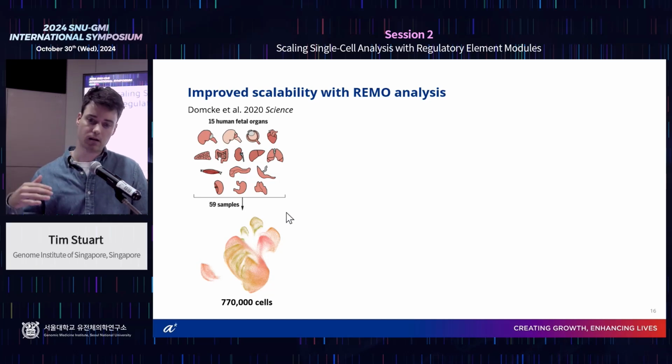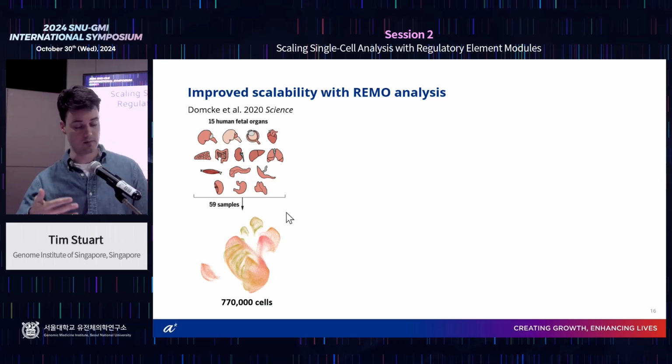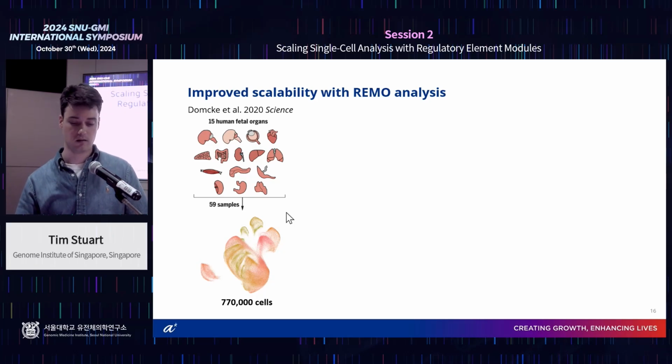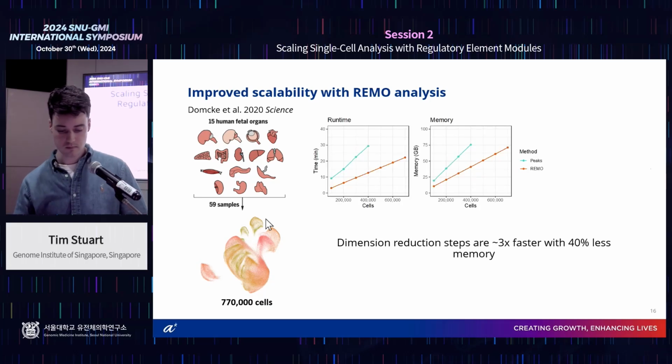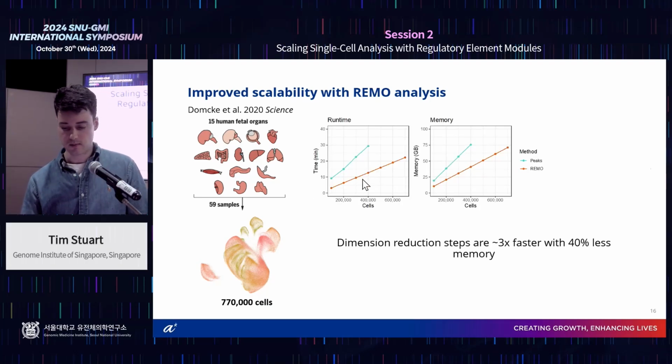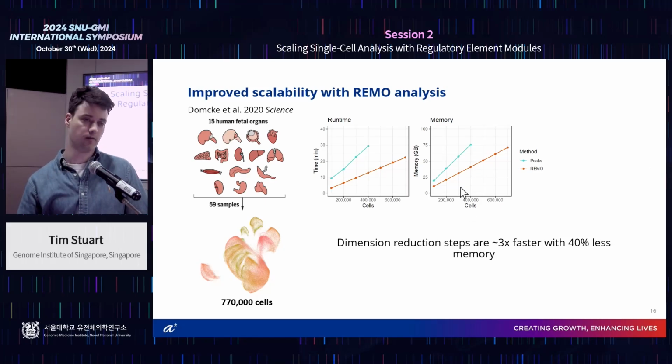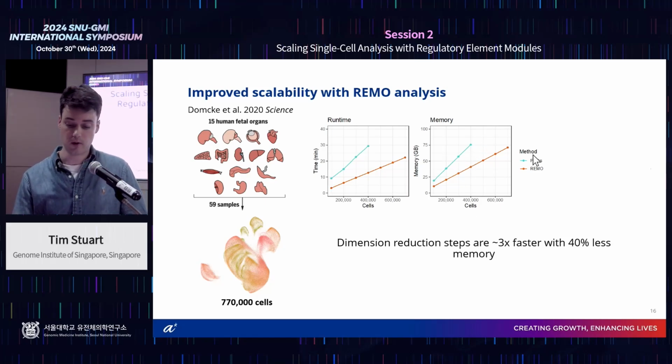And so what we did here is we took these 700,000 cells and downsampled to different numbers of cells, and then benchmarked how long the dimension reduction takes using the REMO modules or the peak matrix. And so, unsurprisingly, because the matrix is much smaller, you have a fairly substantial gain in the runtime and memory usage, about 3 times faster and 40% less memory using the REMO modules.